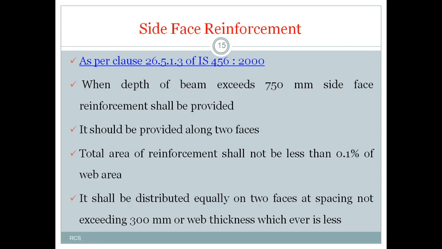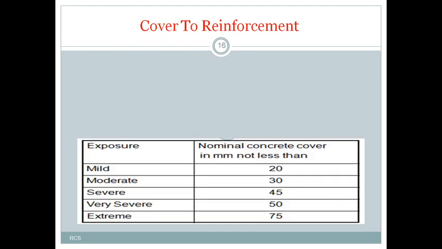And what spacing should be provided for this? It shall be distributed equally on two faces at a spacing not exceeding 300 mm or the web thickness, whichever is less. The side face reinforcement spacing should not exceed 300 mm, or it should be equal to the thickness of the web. Among these values, we have to provide the lesser value as the spacing of side face reinforcement.